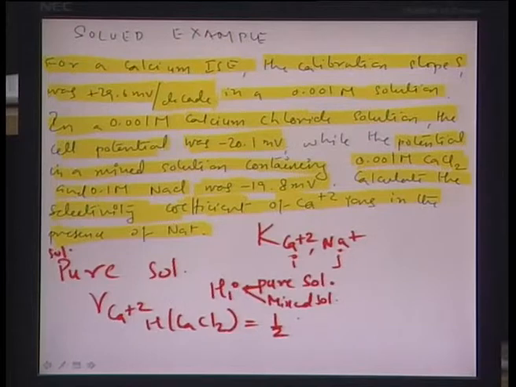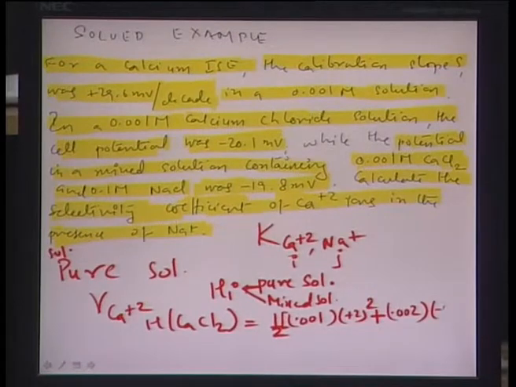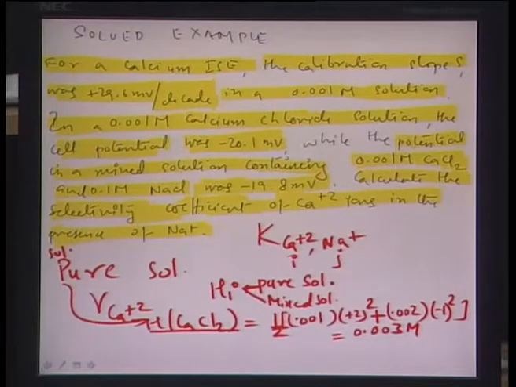Ci here is 0.001 if it is a pure solution, times plus 2 square, the valency on the calcium being plus 2, plus the chlorine. There are 2 chlorine atoms per molecule of CaCl2, so the chlorine concentration would be exactly double, 0.002 molar, times minus 1 square. This comes out to be equal to 0.003 molar.